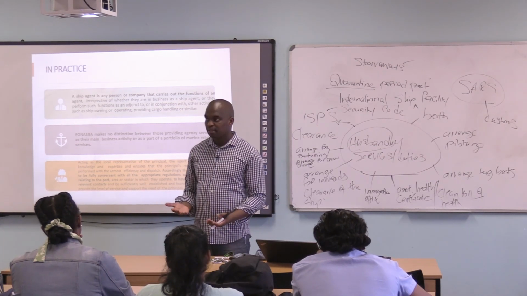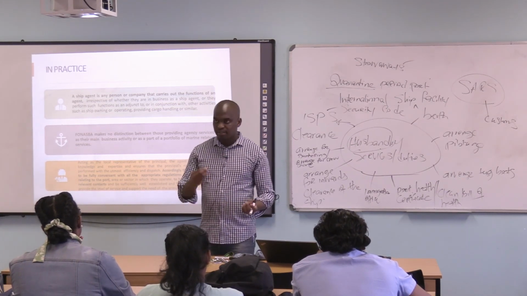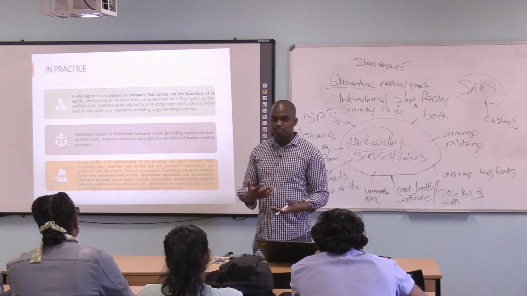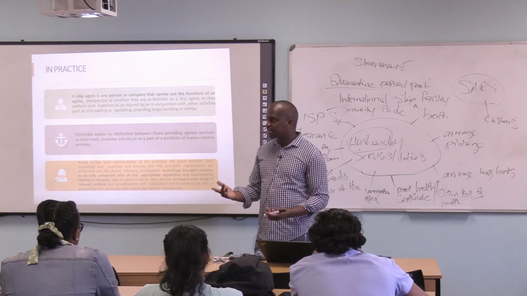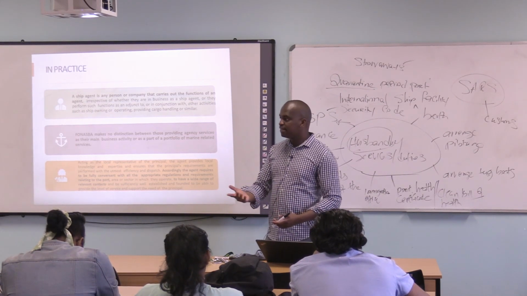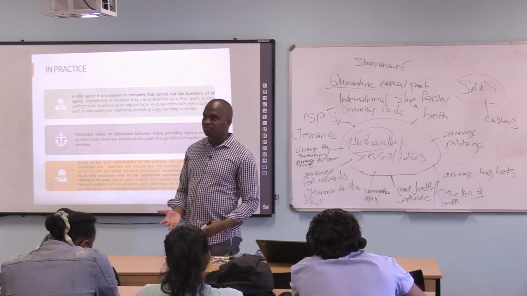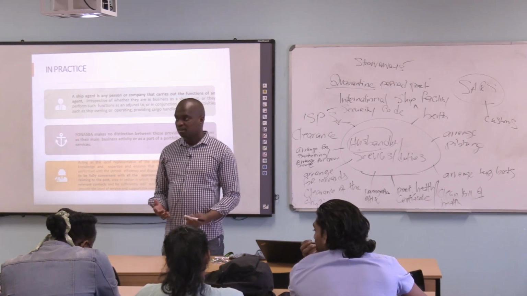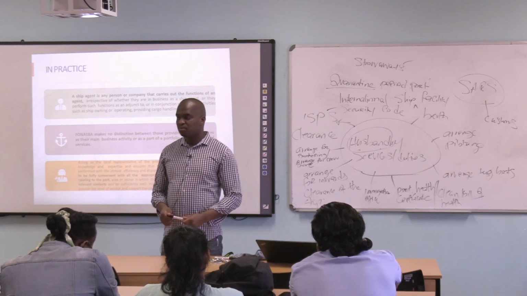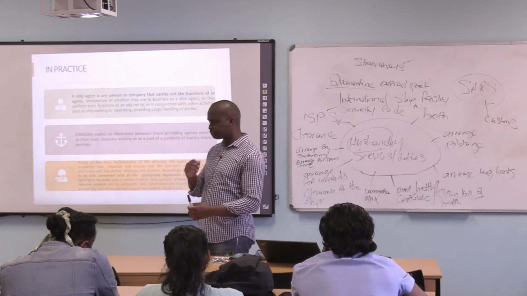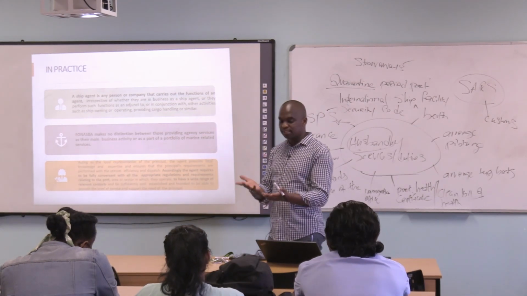Also, as an agent, now the ship comes into port and the captain tells you that they are in need of fresh water, or they are in need of food or stores. How do you know what's the name of the people that provide stores and food to ships? What are they known as?